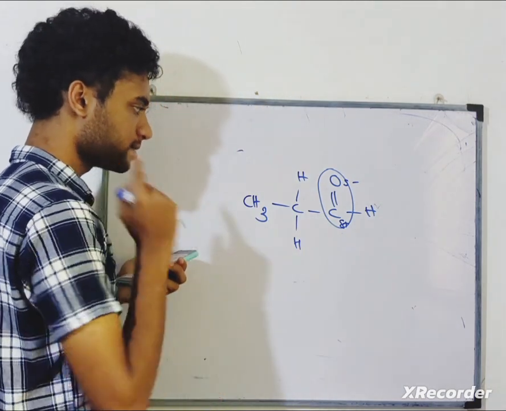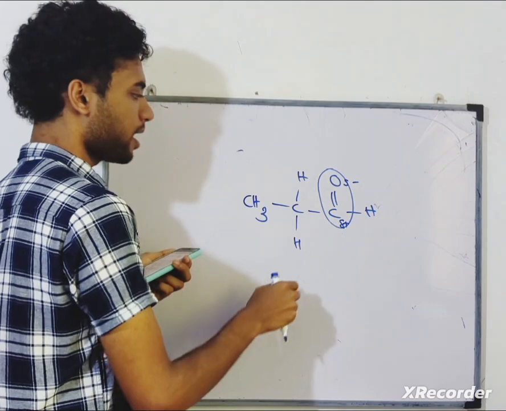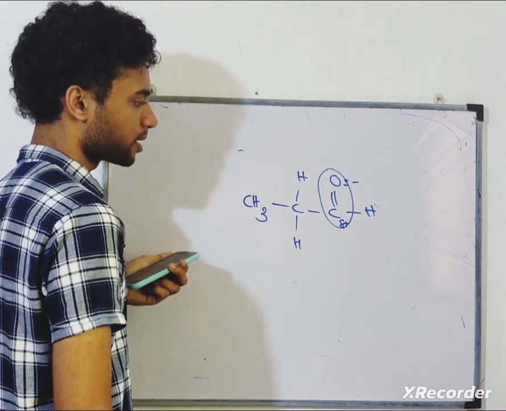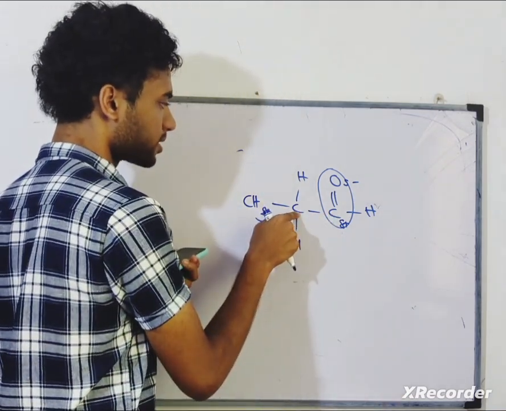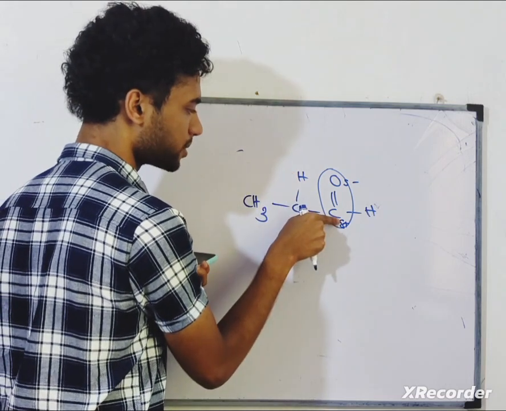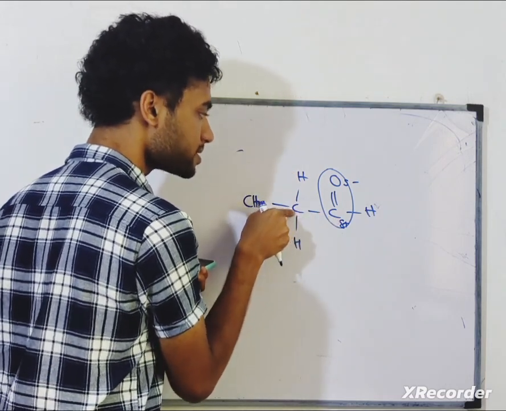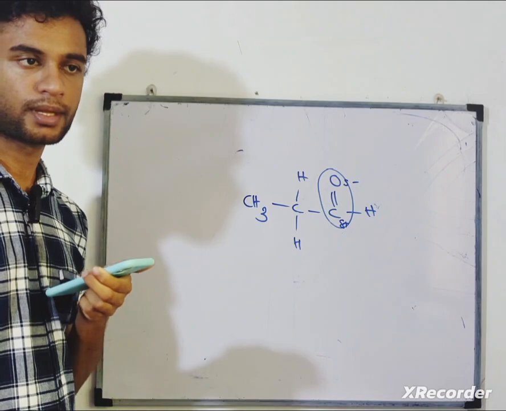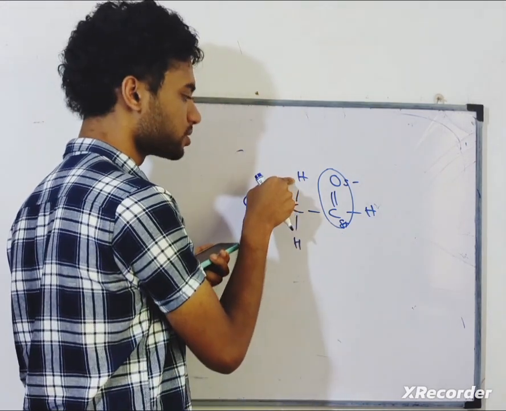Now look at this. What we can see is this carbon and this carbon. What's the relationship? This is the carbonyl carbon, but this is a normal carbon. But this carbon is attached to hydrogen.